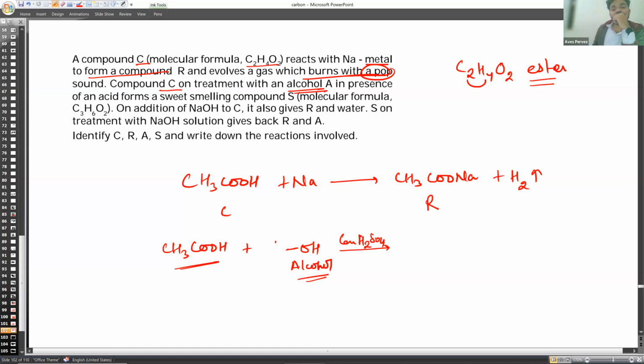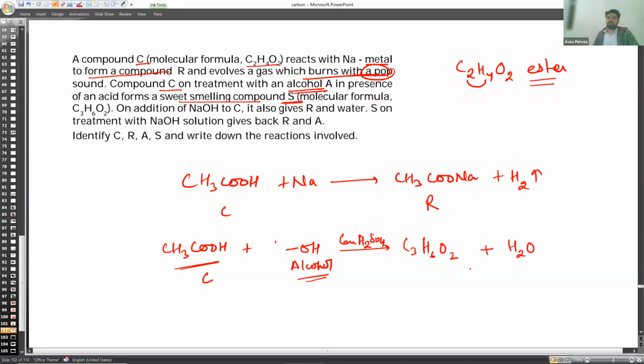It gives esters. So here it says compound C, when it reacts with alcohol, gives a sweet smelling substance known as S, and the molecular formula is given to you, C3H6O2, plus ester plus water.